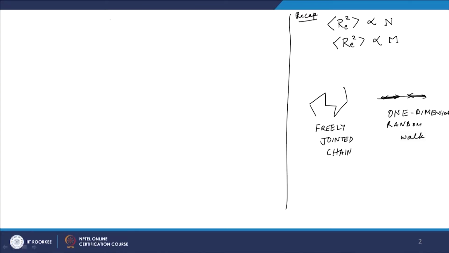Okay. So let's say, for example, this is my 2D random walk. Let's first look at this 2D random walk, where instead of a one-dimensional thing, we have a lattice, and the walks are happening on a 2D lattice.